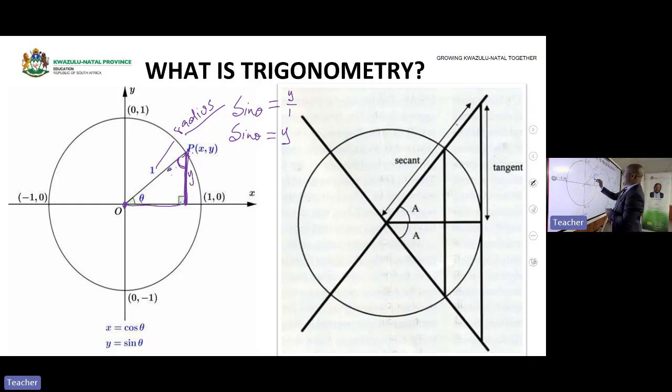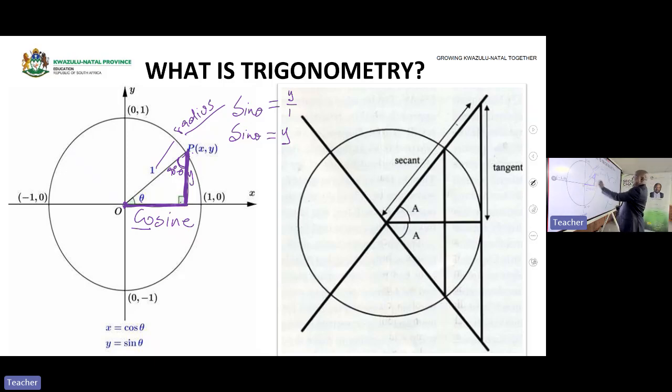It will give us 90 minus theta. Therefore, to find this distance here, we determine the distance that complements sine. Basically, cos means a complement of sine. That's why it's called cosine, a complement of sine. So that is the meaning behind the cos that you actually know.